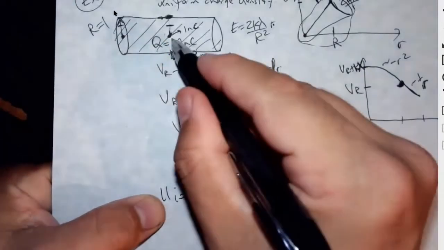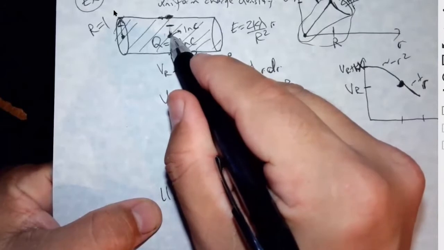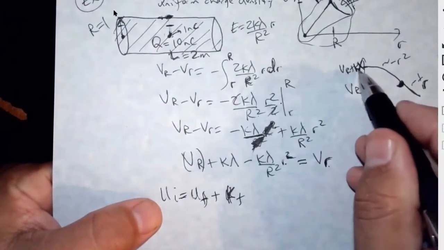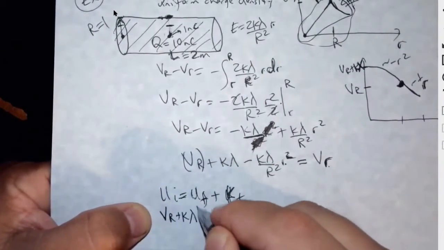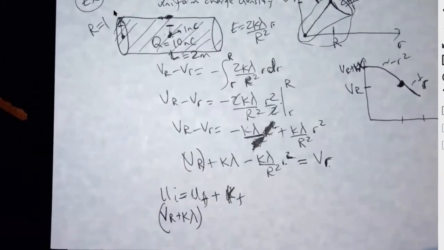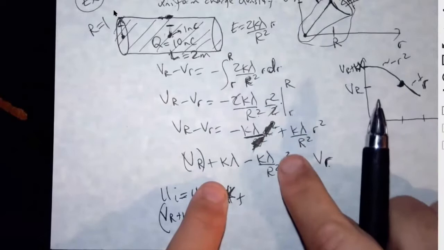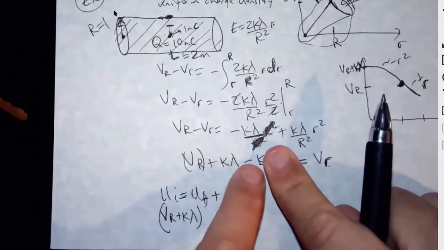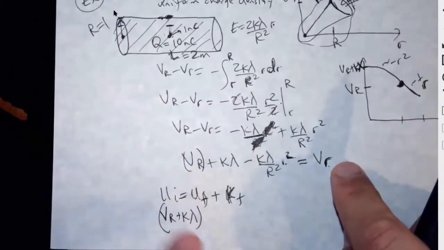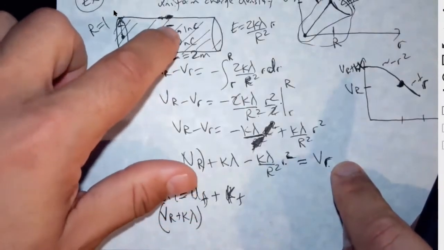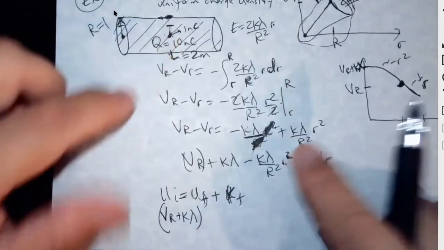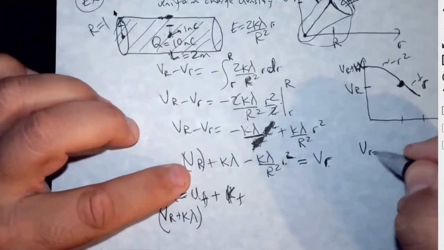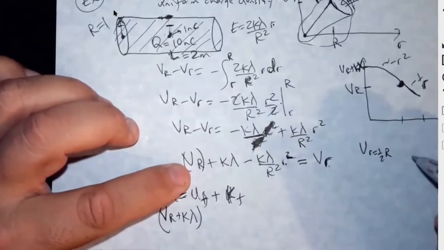So the initial potential, if it starts out at zero, is V sub r plus k lambda, right? V sub r plus k lambda. So that's the voltage when r is zero. This disappears and you just have that. Now what's the V sub r when I go halfway? So then you put little r is half of big R again. What would that be?